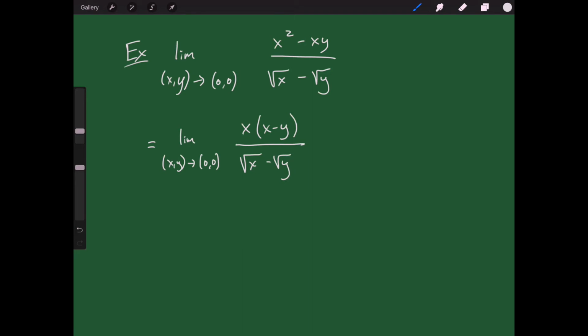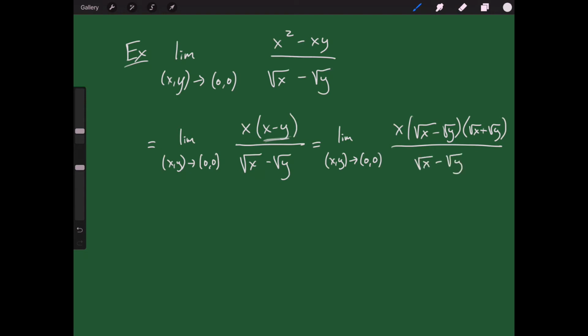But x minus y up here, that's the difference of squares if you think of x as the square root of x squared and y as the square root of y squared. So let's rewrite. This is the limit as (x,y) goes to (0, 0) of x times (the square root of x minus the square root of y) times (the square root of x plus the square root of y), divided by (the square root of x minus the square root of y).